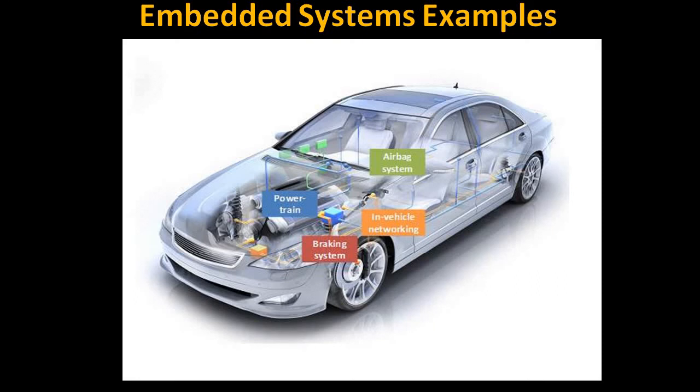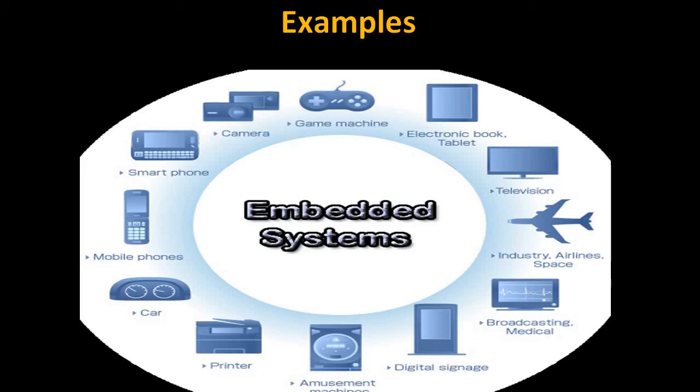Now let's see the different areas or applications where this microcontroller is used, one by one. In embedded systems, for example inside the car, you can see the airbag system, in-vehicle networking, braking system, powertrain. There are various applications you can see in the figure.